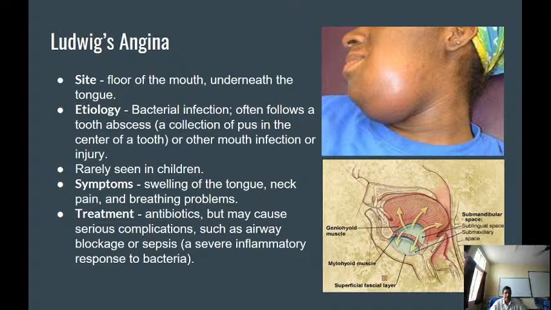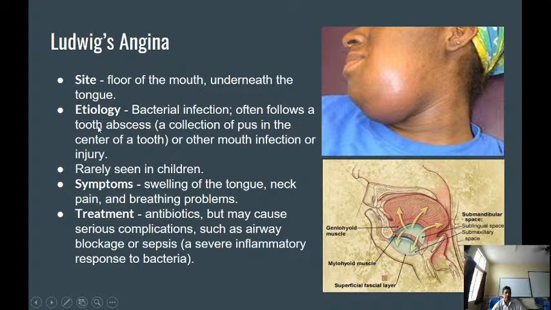Patient will present with difficulty, and since it's an acute infection, the temperature increases. There is tenderness, pain and redness when you examine, and usually this is a result of some kind of infection present in the tooth. That's the commonest form of infection.